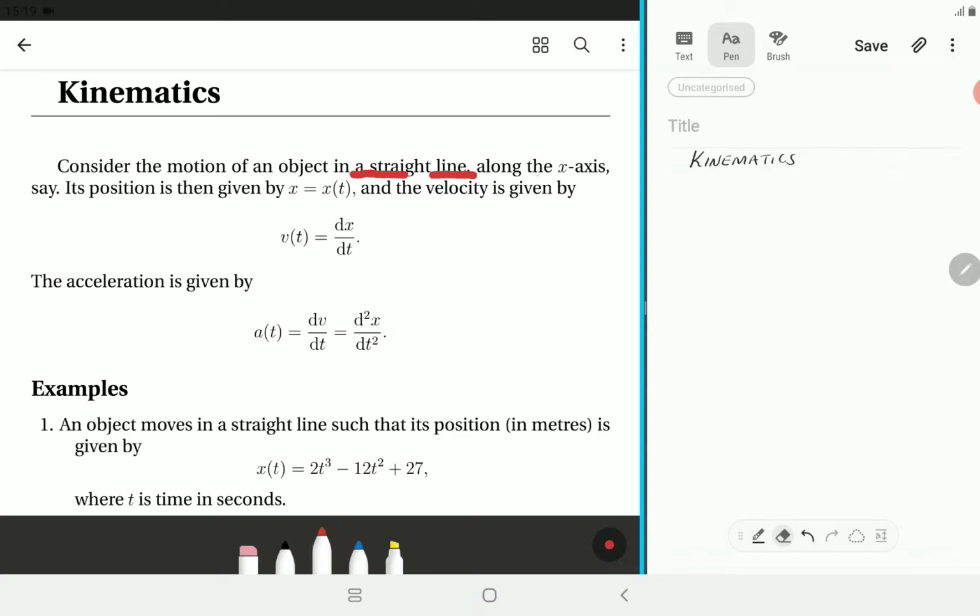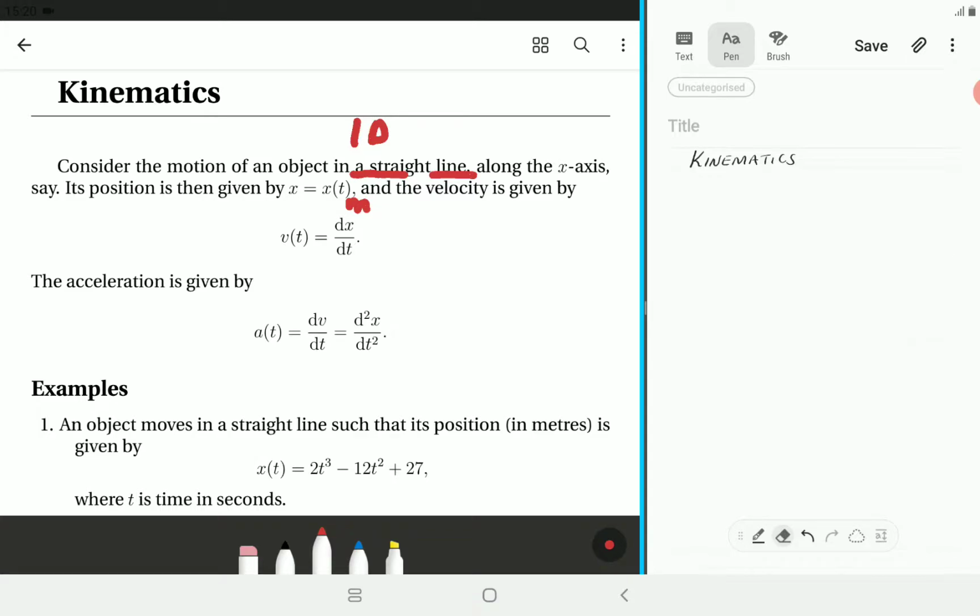In this case, we're going to assume it's along the x-axis. So if motion is in a straight line, we call this one-dimensional motion. Now, if the position is given by x, we're going to assume that x is in meters.